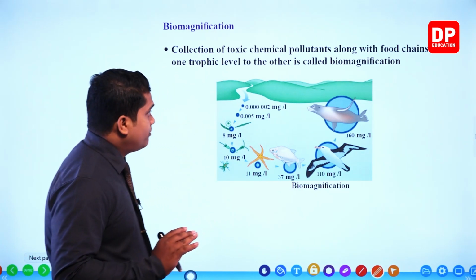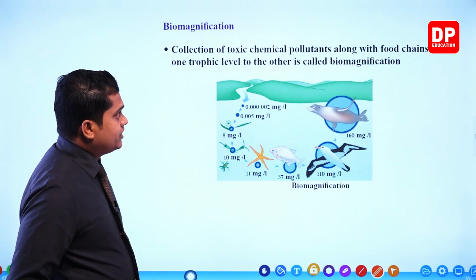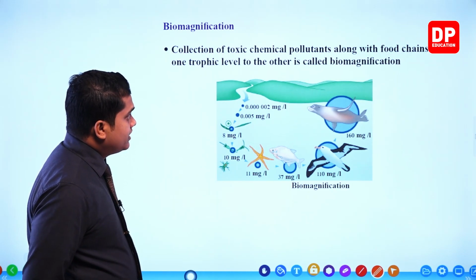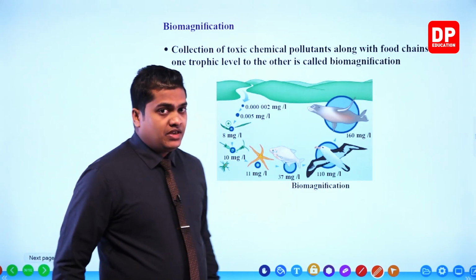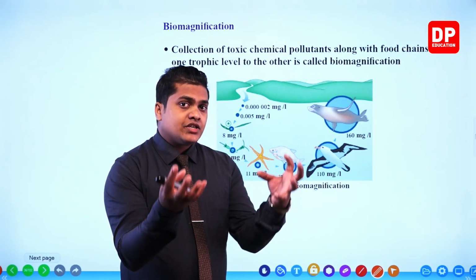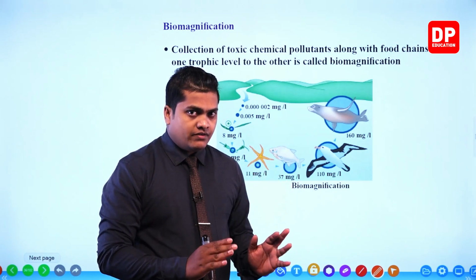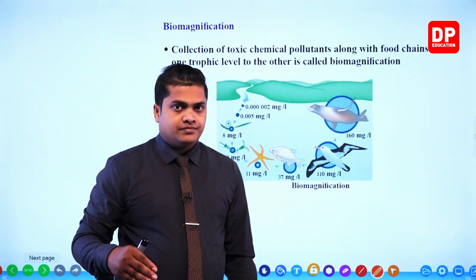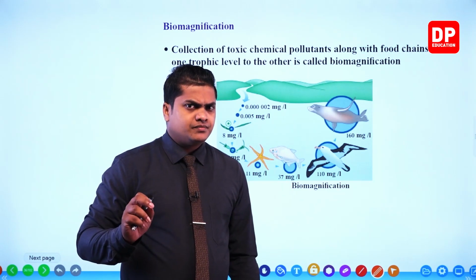Biomagnification is the collection of toxic chemical pollutants along the food chain from one trophic level to another. So how is this process going to happen?